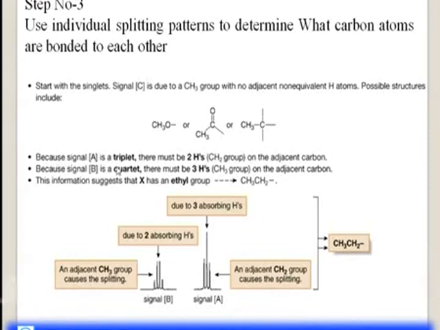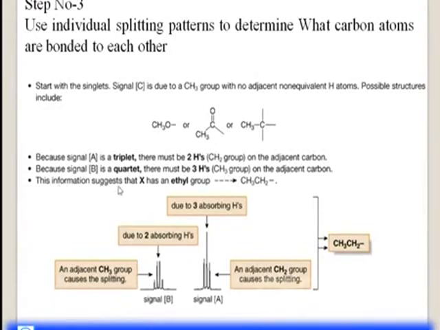Because signal A is a triplet, there must be two protons, a CH2 group, on the adjacent carbon. Because signal B is a quartet, there must be three protons, the CH3, on the adjacent carbon, because we have observed from Pascal's rule that if there are three protons adjacent to one proton, then a quartet will be observed.